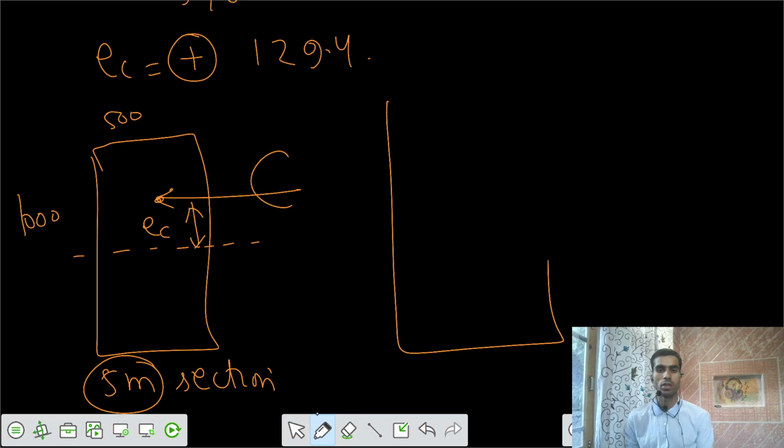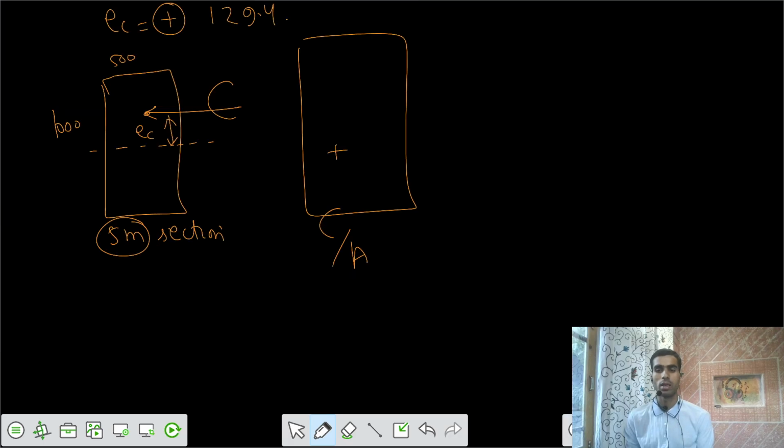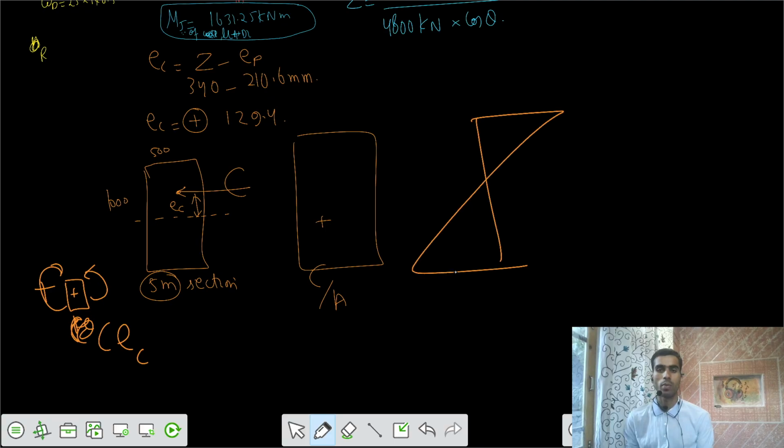So your diagram would be C by A, and one more diagram would be, because of the moment, positive sagging moment develops about the neutral axis. So positive C EC by Z, top compressive, bottom tensile.